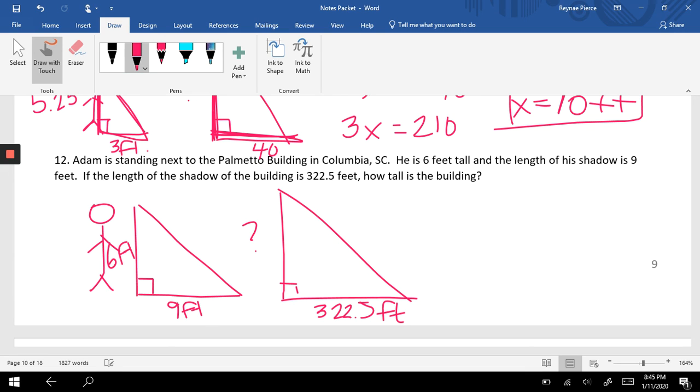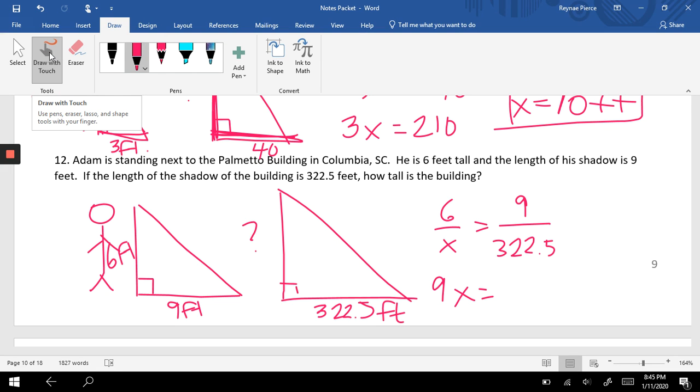Okay, so the heights of our objects match up. The shadows of our objects match up. When we cross multiply, 9 times x is 9x. 6 times 322.5 is 1,935. And divide both sides by 9. The height of that building is 215 feet.